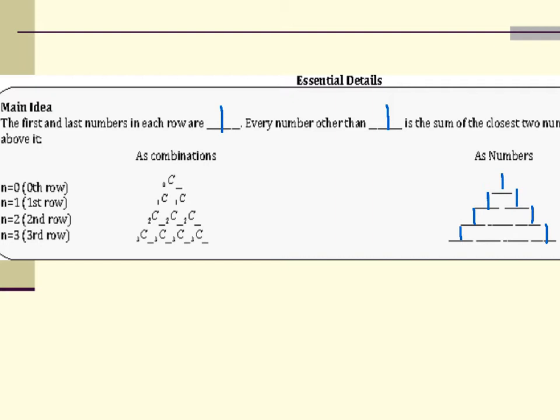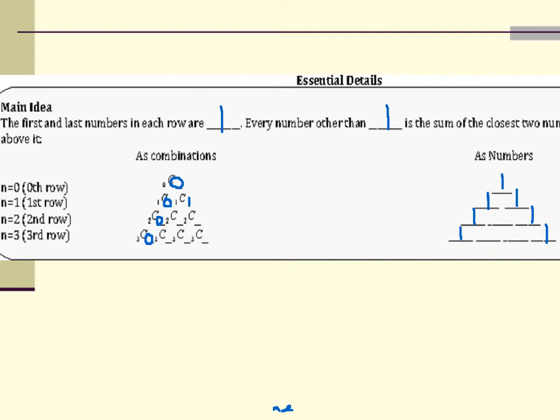So as combinations, it's always a number C0 for the first spot. So this is going to be 1C0, 2C0, 3C0. So as you see, anything C0 is always 1. There's always only one way to choose 0 things. The next row, 1C0, and then you're going to have 1C1.